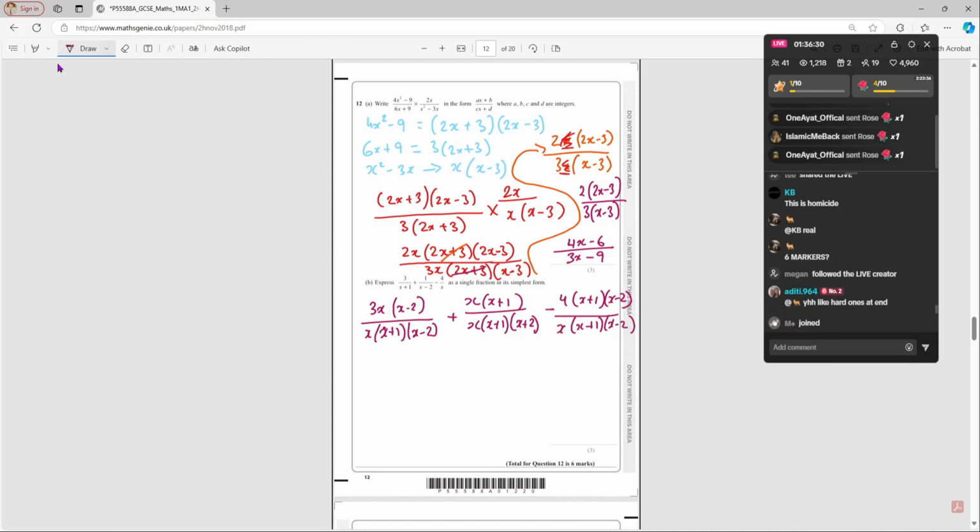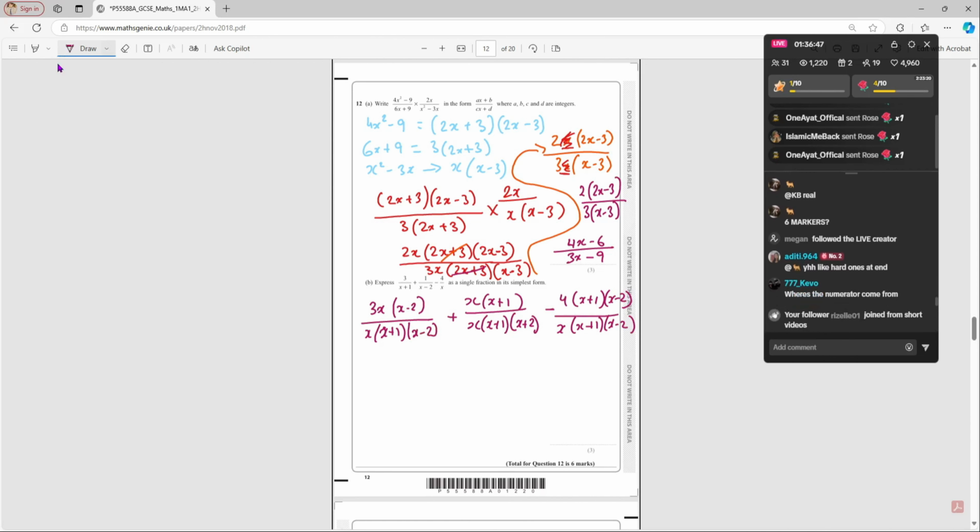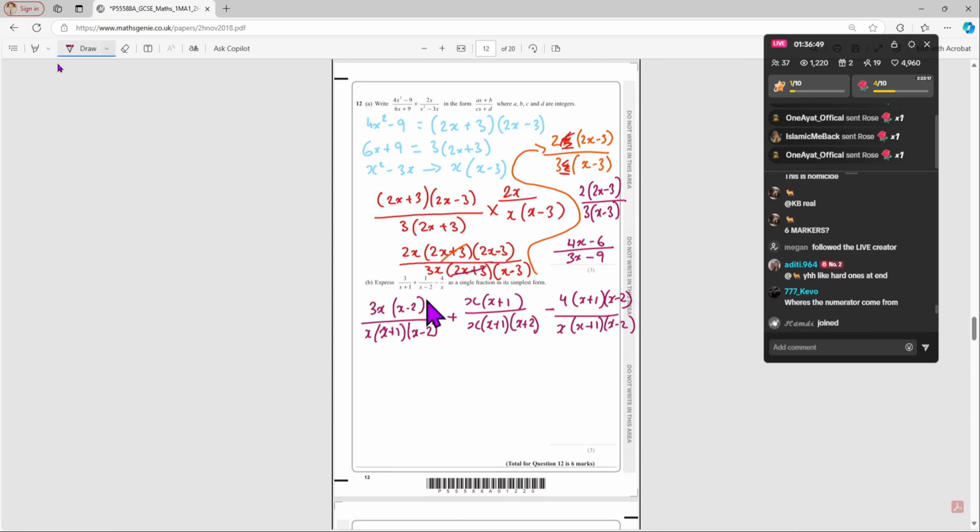When we change the denominator, we have to change the numerator as well, multiplying by whatever you multiplied the denominator by. Now we're going to put this whole thing together as one fraction over the common denominator, okay? How do we get the numerator?